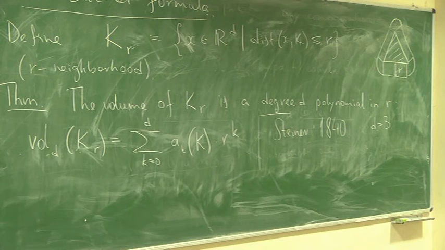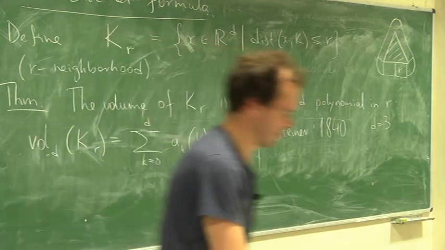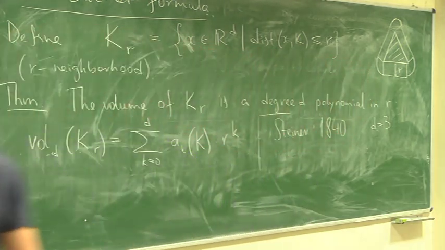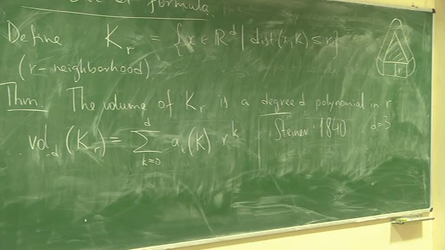So namely in these two special cases, the polyhedral and the smooth, and in dimension 3, the coefficients have some very nice form. So then theorem, which is what Steiner proved.